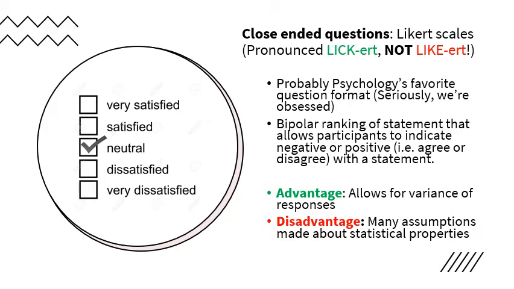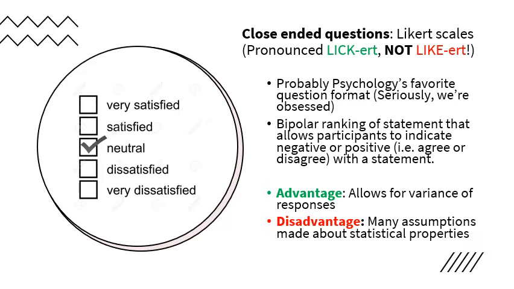So one great advantage, and I think this is the reason why psychology loves this so much, is because it allows for that variance in responses. Participants are allowed to respond in a way that makes them feel more comfortable. And additionally, we are able to get an understanding of whether there's a difference between someone who's very satisfied or just satisfied in general.